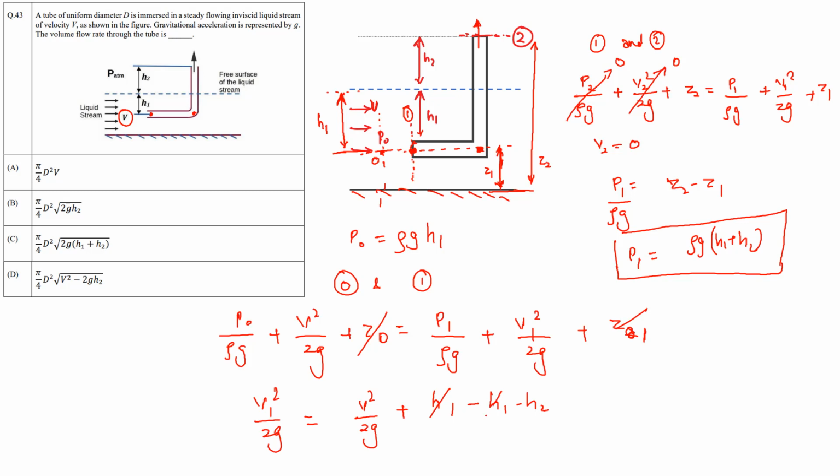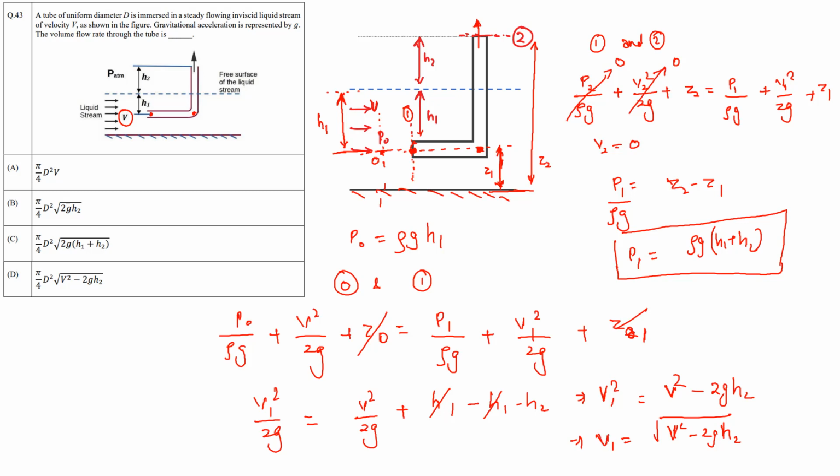So this H1 and H1 get cancelled, and only H2 will remain. From here you can calculate V1 square to be equal to V square minus 2g H2, and this will give you V1 equal to the square root of V square minus 2g H2.